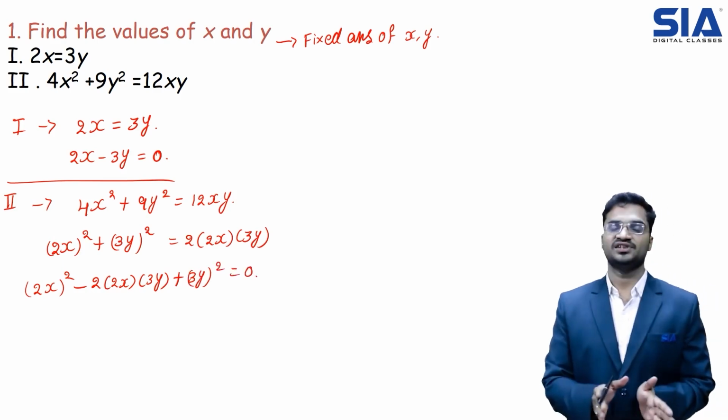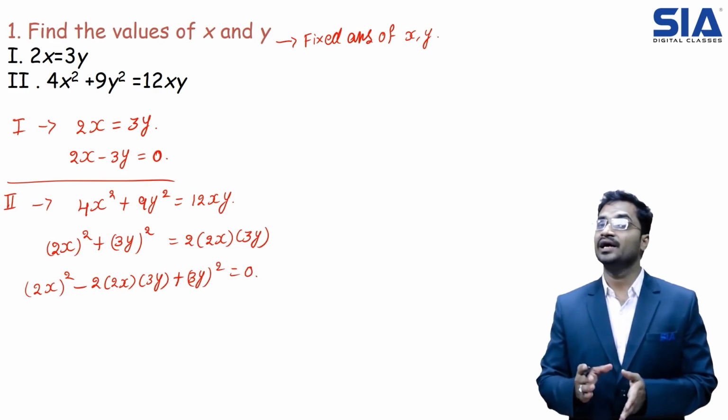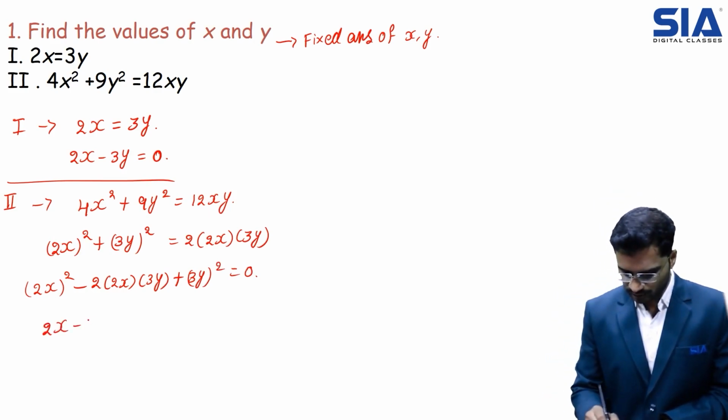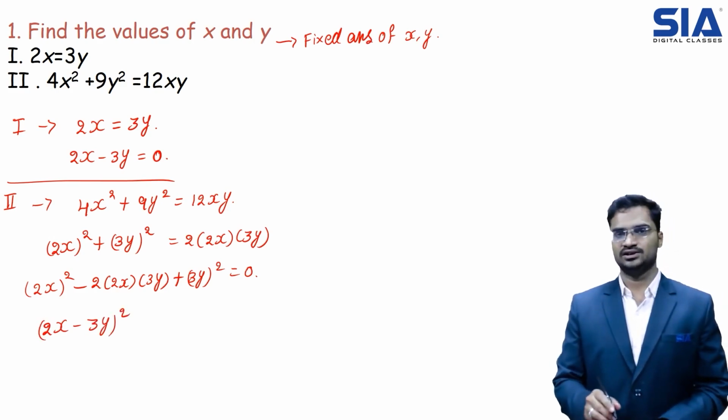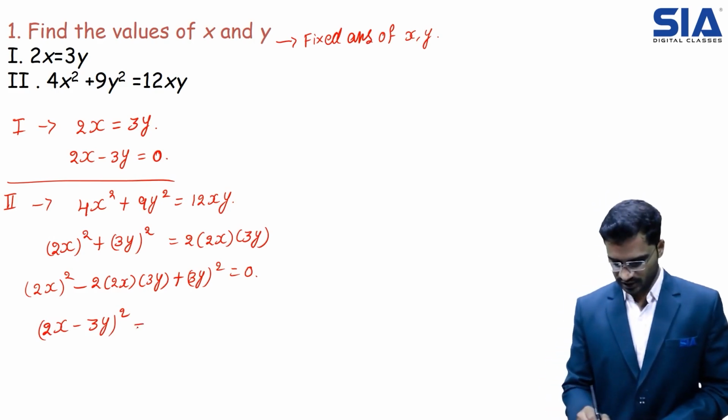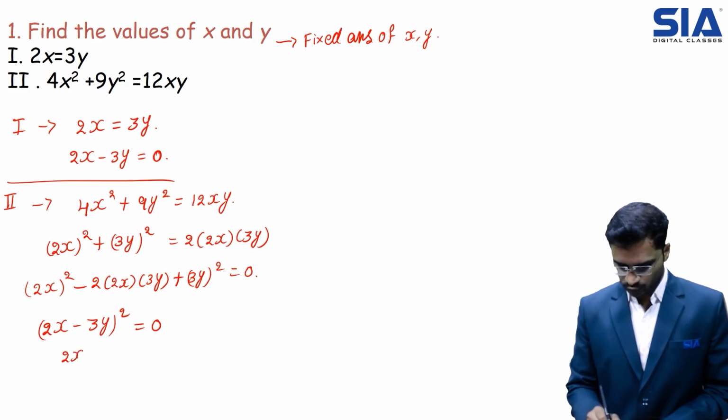So the left side is in the format of a minus b whole square. So a minus b whole square, that is 2x minus 3y whole square, is equal to 0. Then 2x minus 3y is equal to 0.